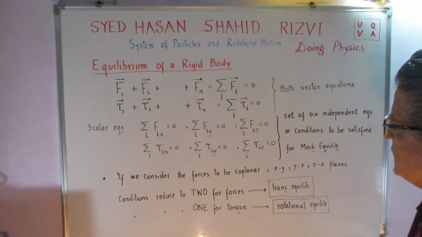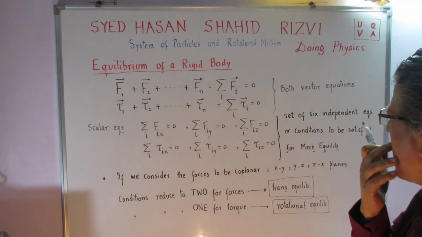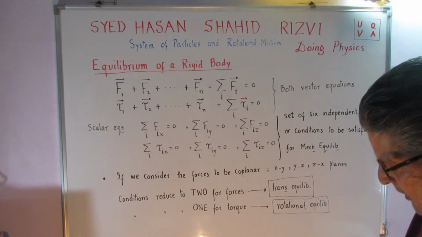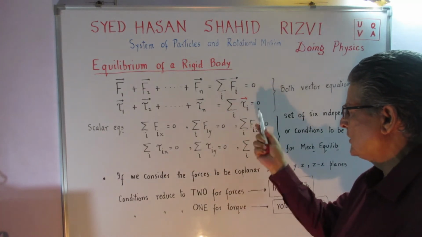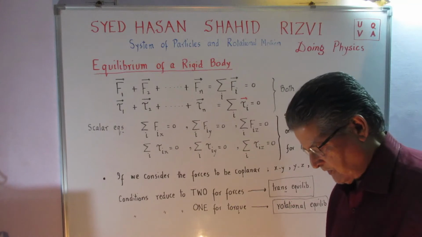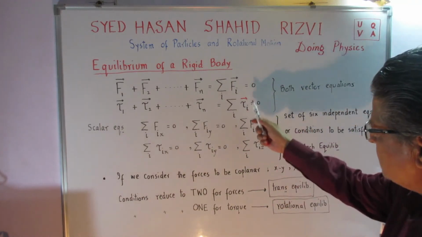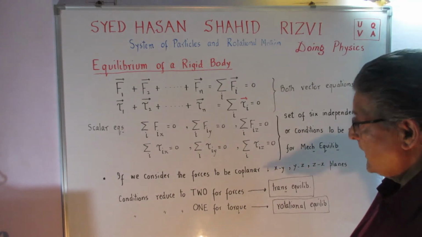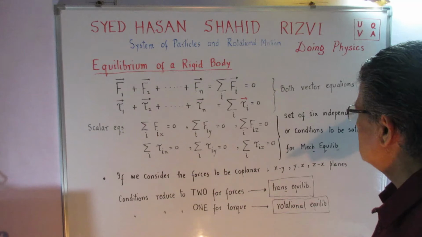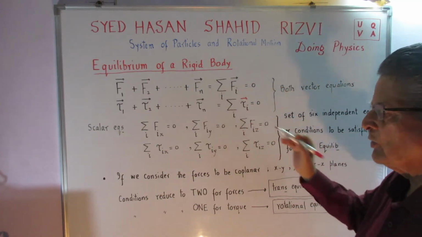So the sum of these forces for the translational equilibrium and the sum of all these torques for the case of rotational equilibrium, these two equations have been written, and they do exist, of course. They are in the vector connotation.